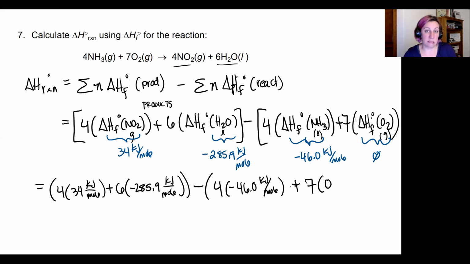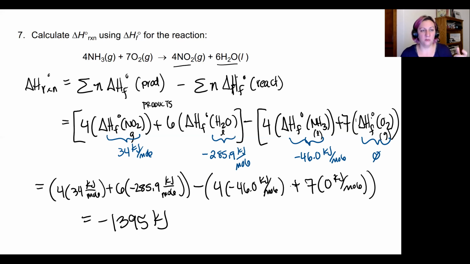So that'll just be 0. Plugging that into my calculator, I get a value that's negative 1,395 kilojoules. So that'll be my standard enthalpy of reaction for this equation, which I was able to pull from a table, which is really nice and handy.